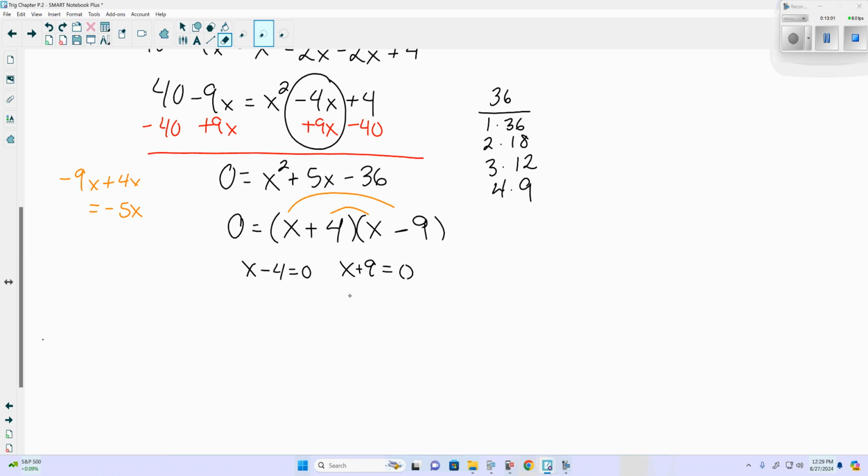All right, guys, let's focus back in. We needed to switch the signs because our negative 4x plus 9x should have been positive 5x, not negative, which threw everything off. For the most part, it's not really going to change anything besides the fact that we have x plus 4 and x minus 9.